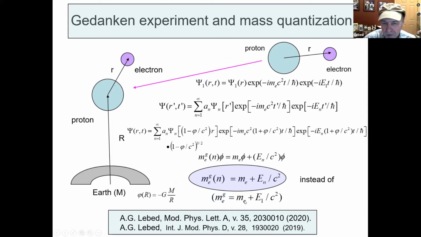Therefore, instead of the simple Einstein equation, we will obtain a lot of possibilities for what measurements give. Measurements give now a quantized value of mass. This is the quantized number n, and this is En, the electron energy levels in the hydrogen atom. So instead of this simple equation, we obtain quantization. This is interesting. And this is published in these two reviews.